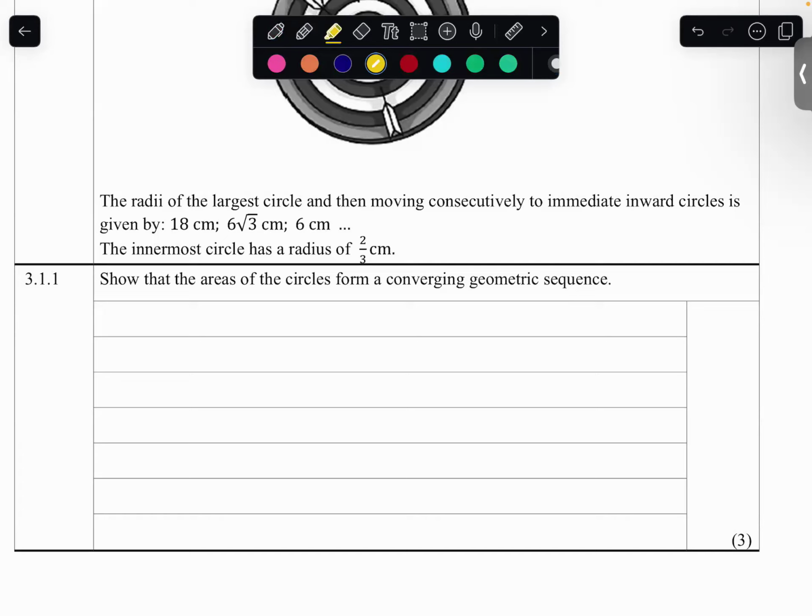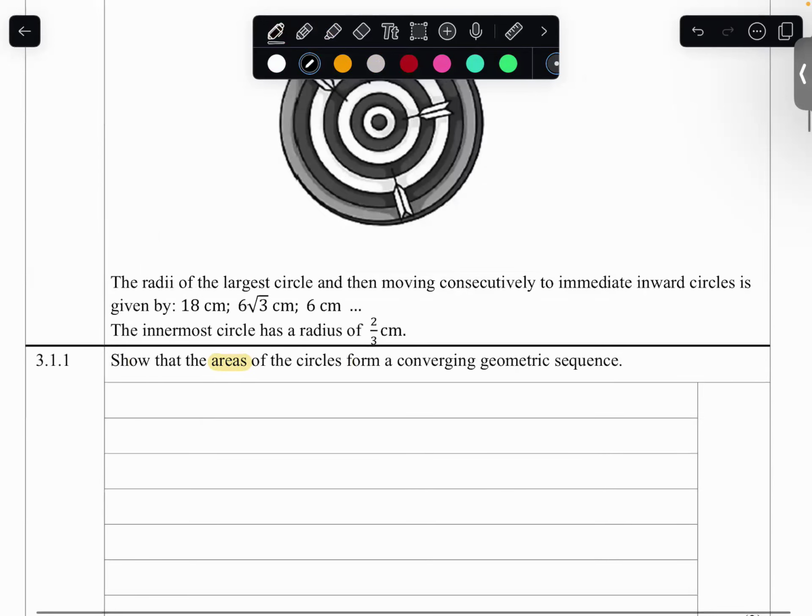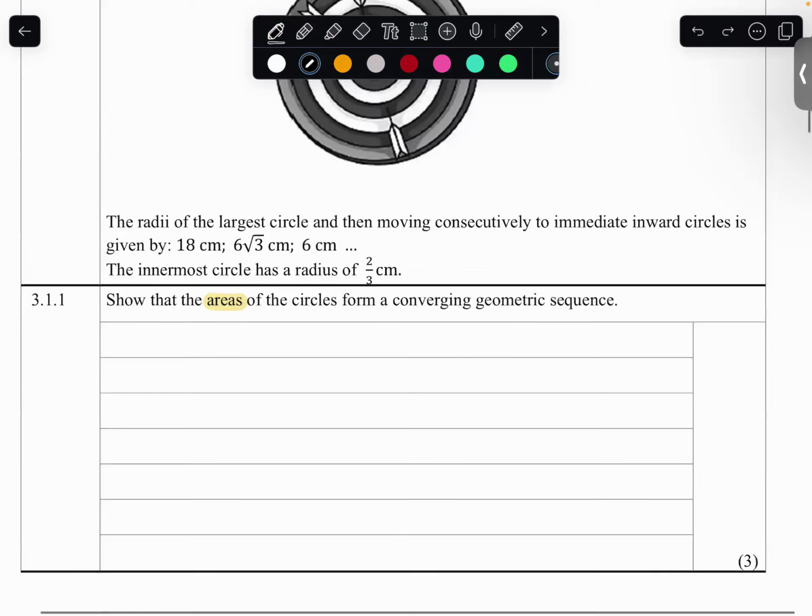This is very important. They said show that the areas of the circles form a converging geometric sequence. The sequence that's given to you is of the radii. You can't use that. You need to form a sequence with the areas of the circles. So the first circle's area is pi r squared, but r is 18.